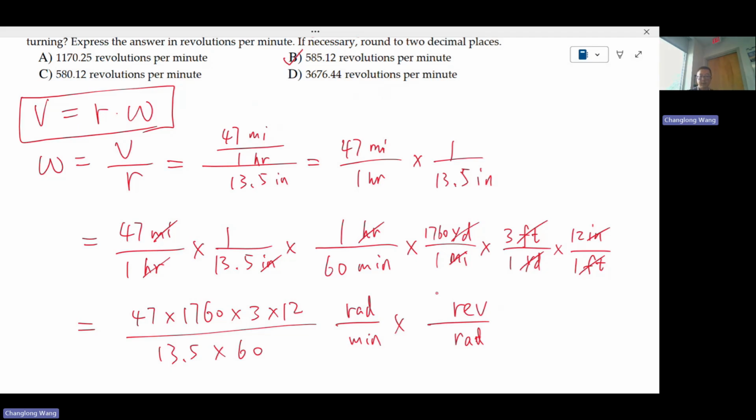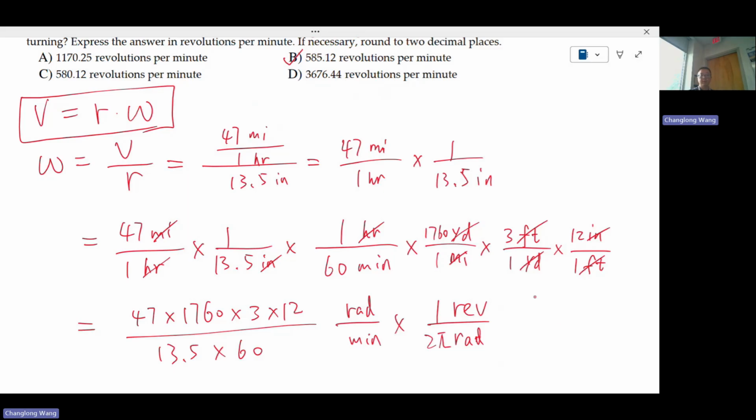So what do you say? How many revs corresponding to how many radians so that you get a unity from this converting factor? Alani? 1 rev is 2 pi radians.